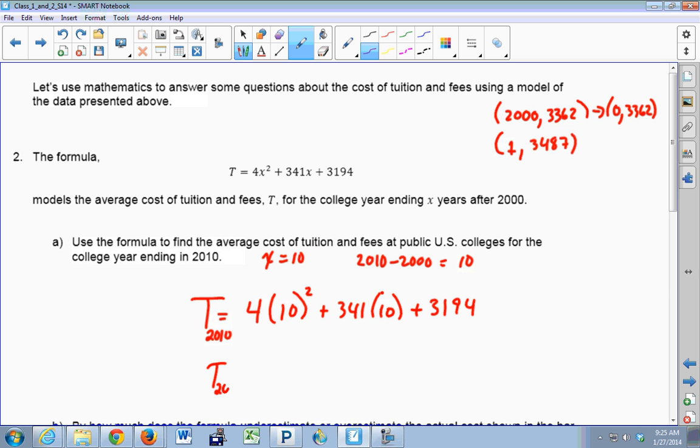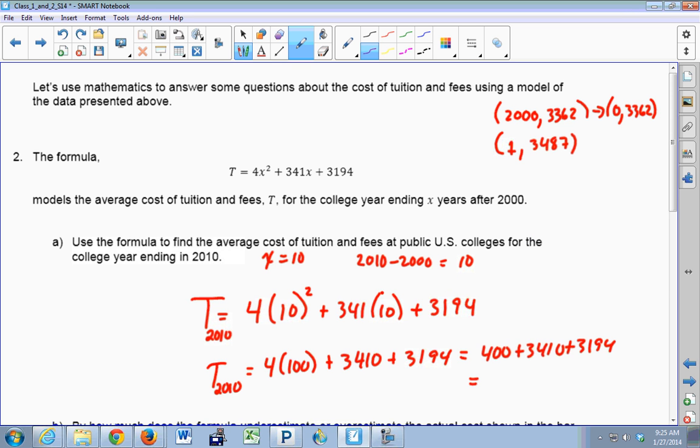So we're evaluating the expression on the right side. 4 times 100 plus 3410 plus 3194. That's 400 plus 3410 plus 3194. So you add that up.